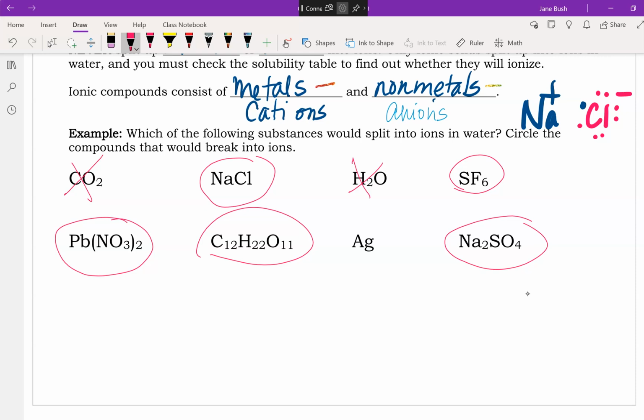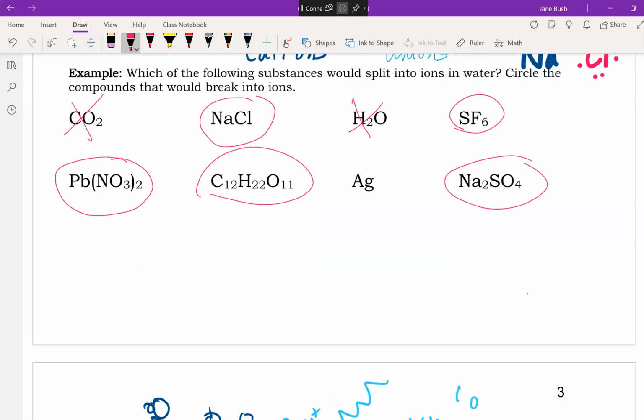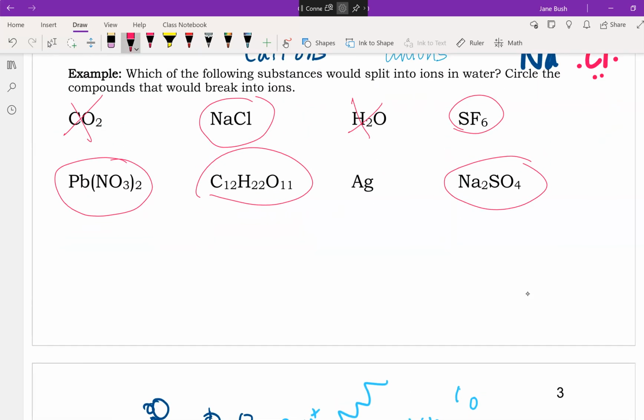Now, why don't covalent compounds split? Well, let's draw a picture of a covalent compound, and we'll use carbon dioxide. You remember back in December when you did Lewis structures? What did we have to do? We had to add up the valence electrons, right? How many valence electrons does carbon have? 4.